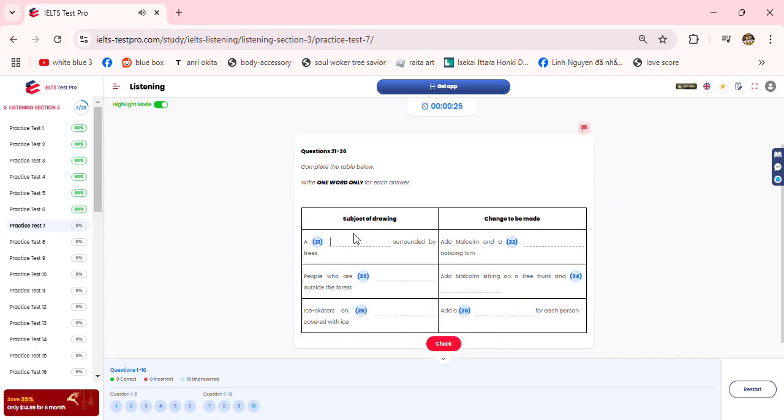Section 3. You will hear two students called Helen and Jeremy, who are studying creative writing, discussing a project for their course which involves writing and illustrating stories for children. First, you have some time to look at questions 21 to 26.